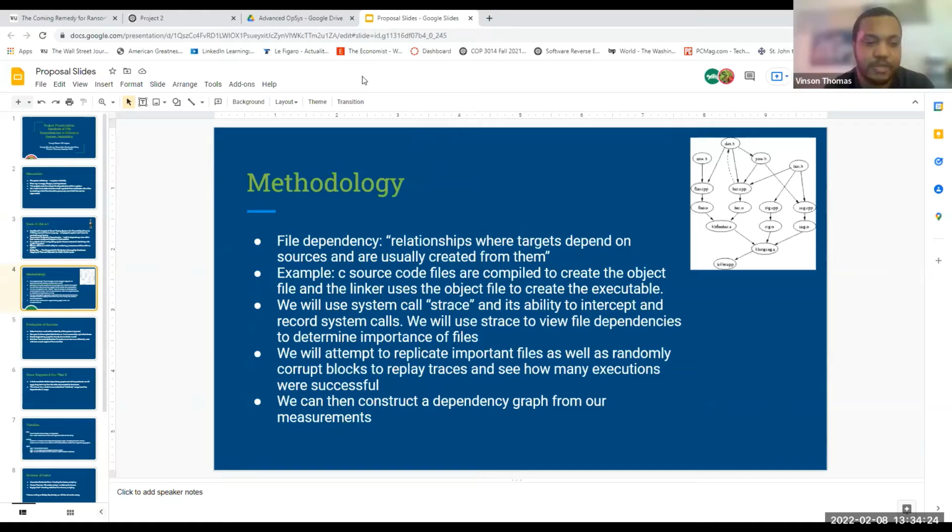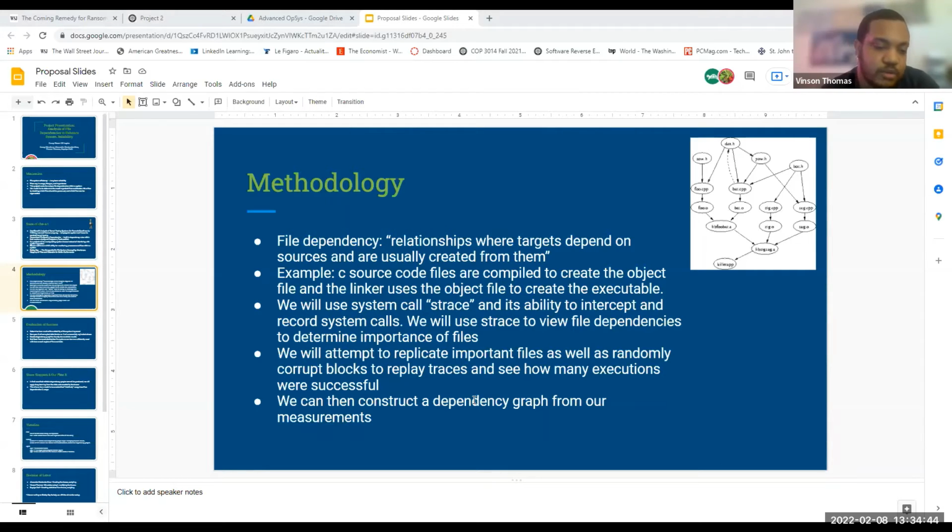All right, with methodology, a quick definition for file dependency: relationships where targets depend on sources and are usually created from them. There's what he already talked about with the C source code files, then the object file, and then the linker creates the executable.